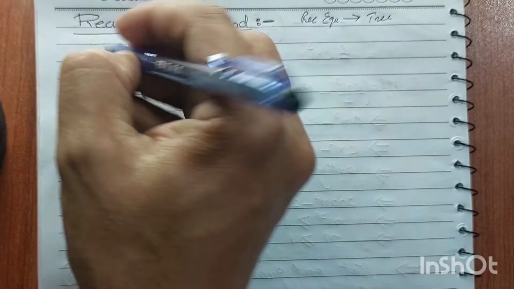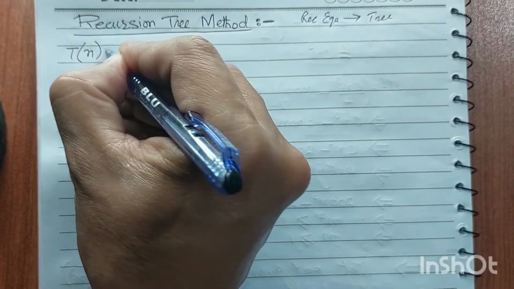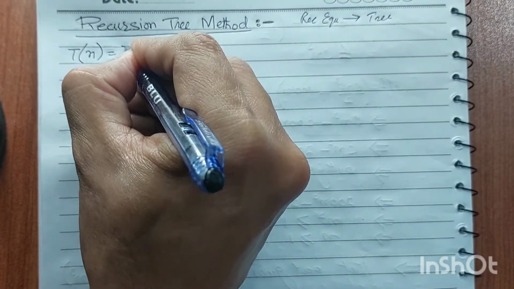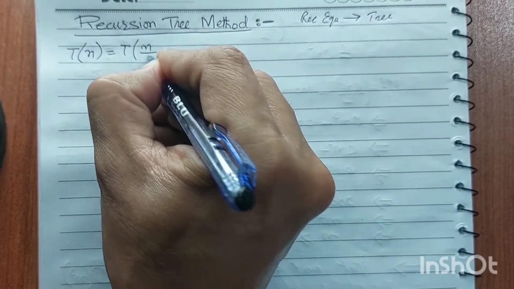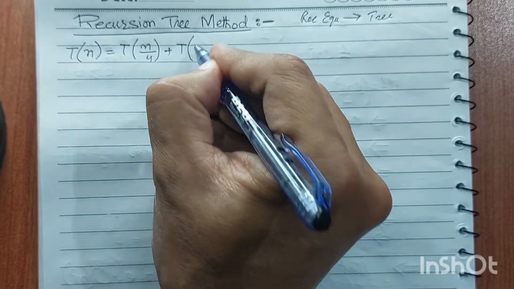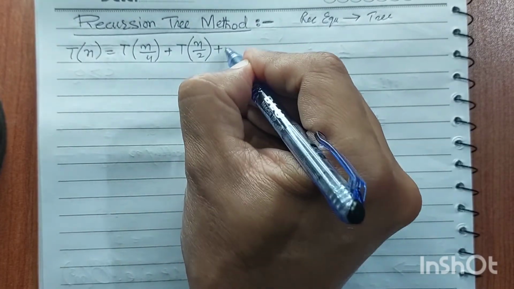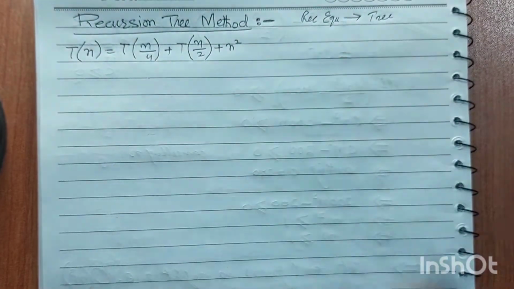Let's start with an example, and then you will be able to recall what we learned in previous lectures. So here we are formally doing that thing. Let's say we have an equation: t of n is equal to t of n by 4 plus t of n by 2 plus n square.